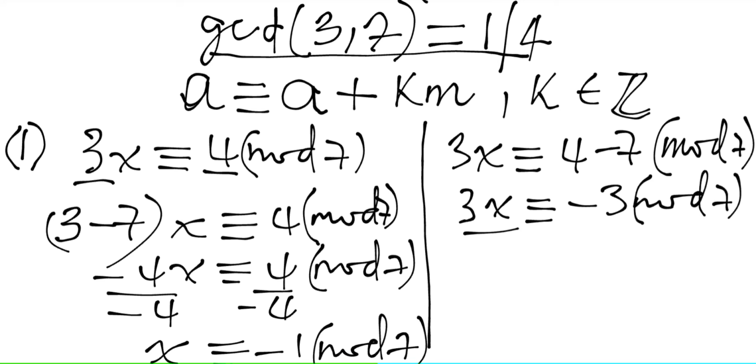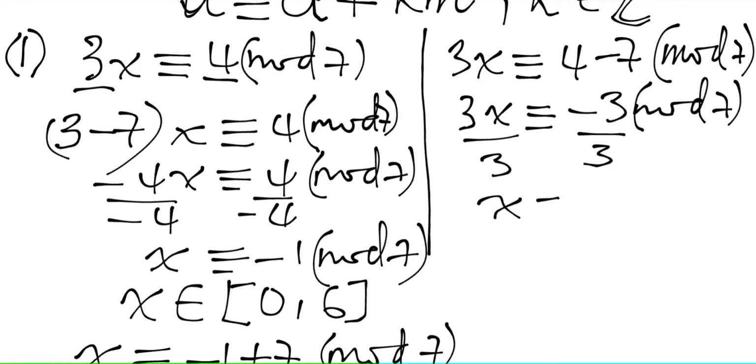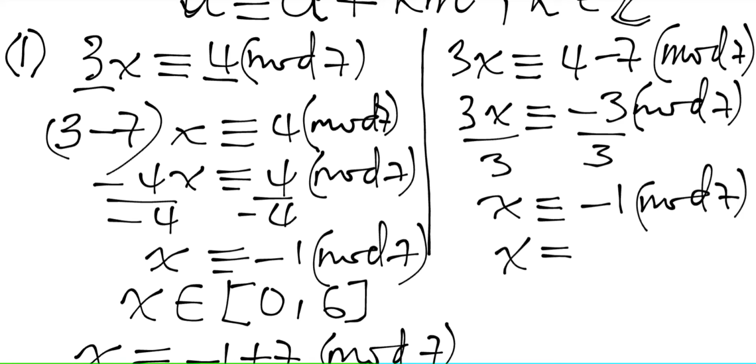And I can now divide both sides by 3 so that I have x congruent again to -1 mod 7, which gives, as already explained in the previous case, 6 mod 7 as the unique solution in modulo 7.